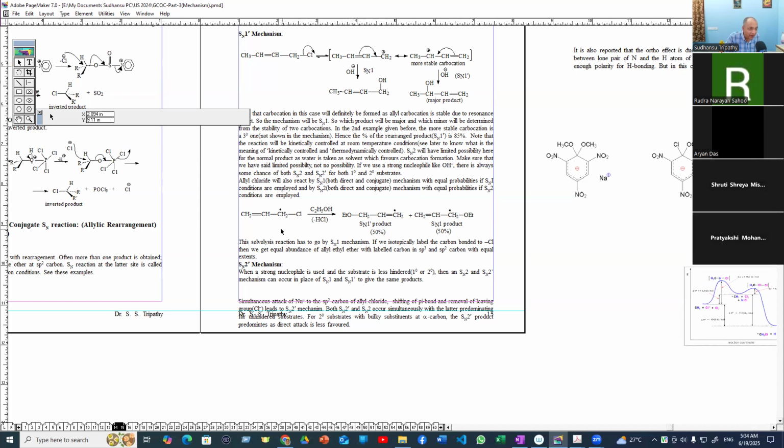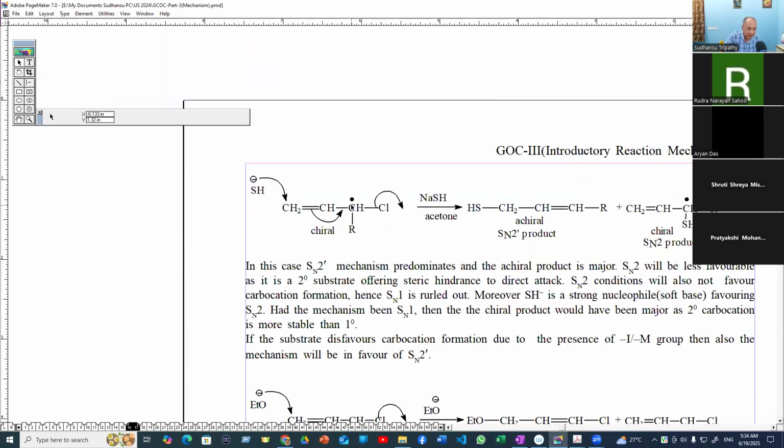But if you label it, you get 50% of the ether where the alkoxy group is attached to the normal carbon, and in another 50% you will find the ethoxy group is bonded to the labeled carbon. Here also we have labeled this carbon, which is connected to the leaving group, but it is having another alkyl group.